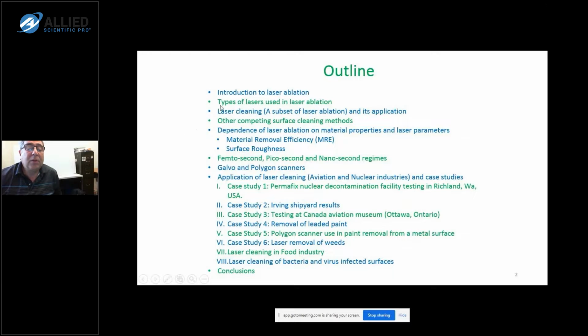We also will talk about types of lasers used in laser ablation, and then other competing surface cleaning methods. We will compare laser cleaning with these other methods, and then we will go into the physics of the laser ablation, talk about material removal efficiency, and the important laser parameters and material property parameters.